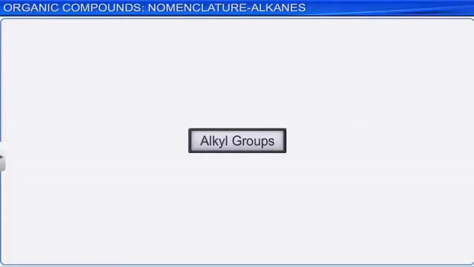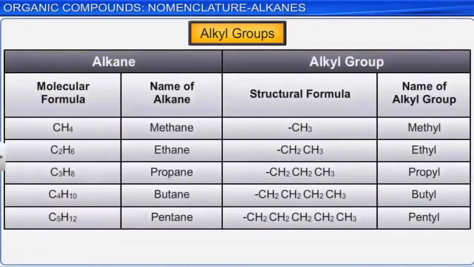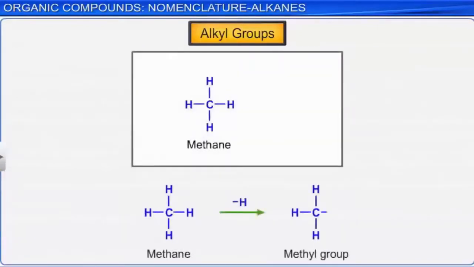Let us briefly study the alkyl groups. The group which consists of 1 hydrogen atom less than an alkane is called an alkyl group. For example, if 1 hydrogen atom is removed from methane, that is CH4, we get the alkyl group CH3.